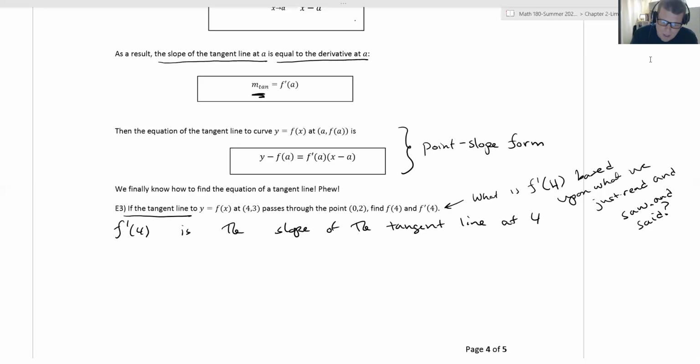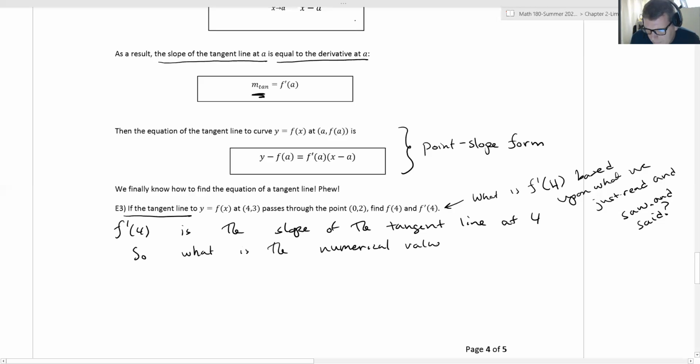So what does that mean? What's the numerical value for f prime of 4?